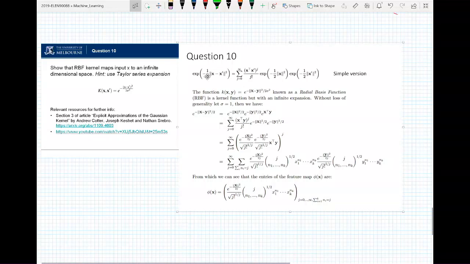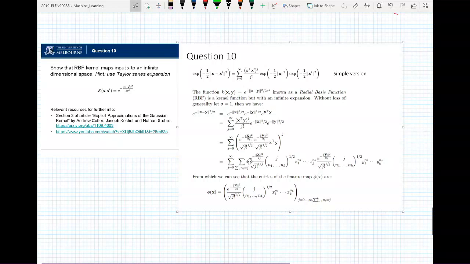If we write this Taylor series expansion, it's a bit of algebra and analysis. It turns out we have such an expression. We have the exponential terms, and we have this dot product, and we have this infinite sum, right? It's a series. When we set sigma equals 1, things get cleaner to explain. If you separate the terms, it's complicated because the terms are very much interleaved.